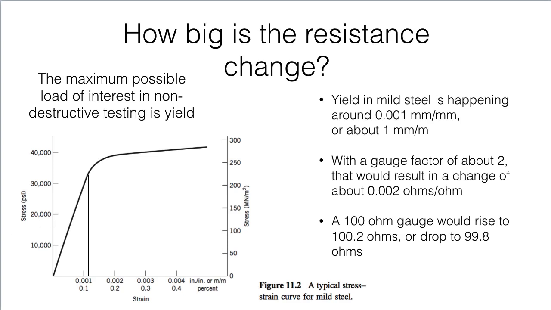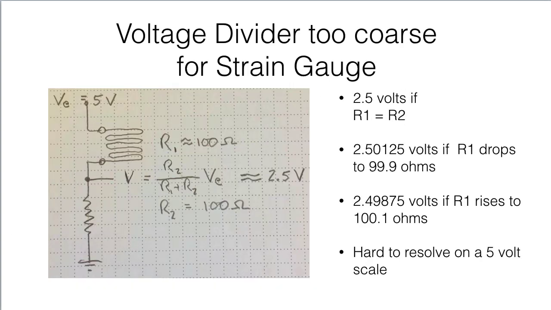And how are we going to be able to measure that? Well, we looked at voltage dividers last time, and if we put our strain gauge into a voltage divider, we could measure this voltage V, and it's going to depend on the ratio of the resistances. And if R1 is our strain gauge and it's about 100 ohms and R2 is 100 ohms, then this voltage is going to be 2.5 volts in between, if they're exactly equal.